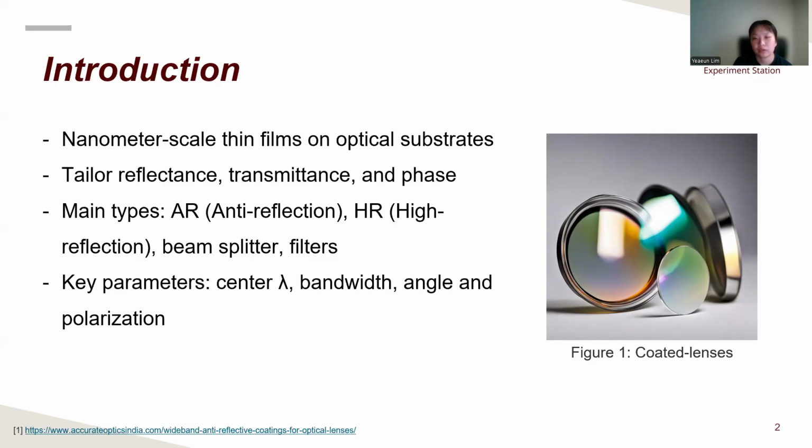When we specify a coating, we usually talk about its center wavelength, its bandwidth, and how sensitive it is to angle and polarization. In this talk, I'll focus mainly on the basic optical principles that make these coatings work.